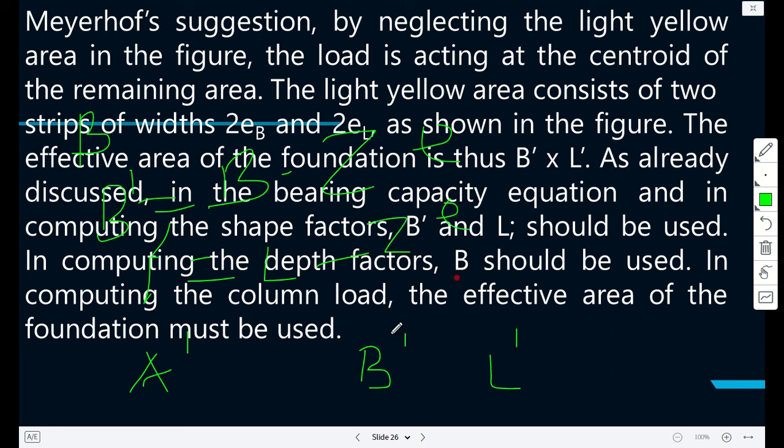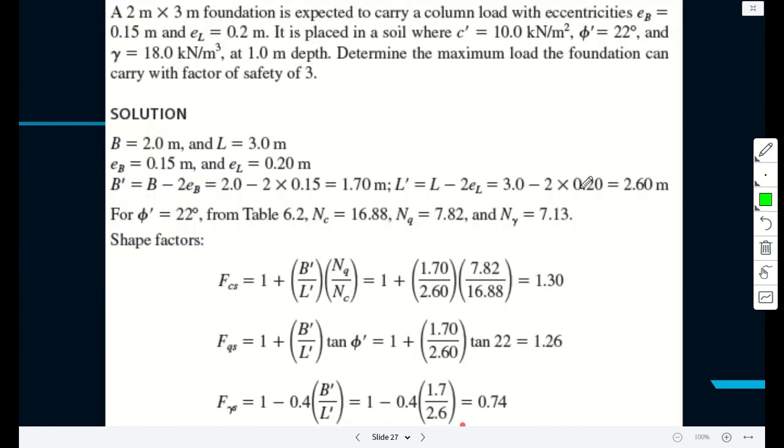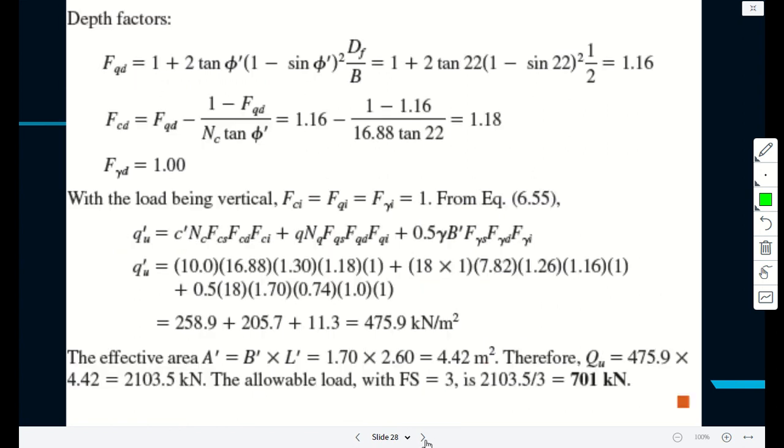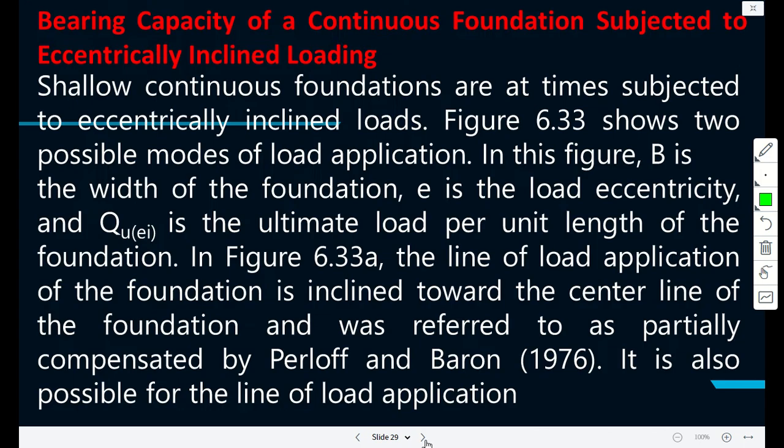That's all. Already you have your B prime, L prime, and A prime, and you're good to go. Again, this is too simple for me to go through. You should be able to do it yourself. Using the simplified method, this should be a piece of cake for you, so I will not go through that.